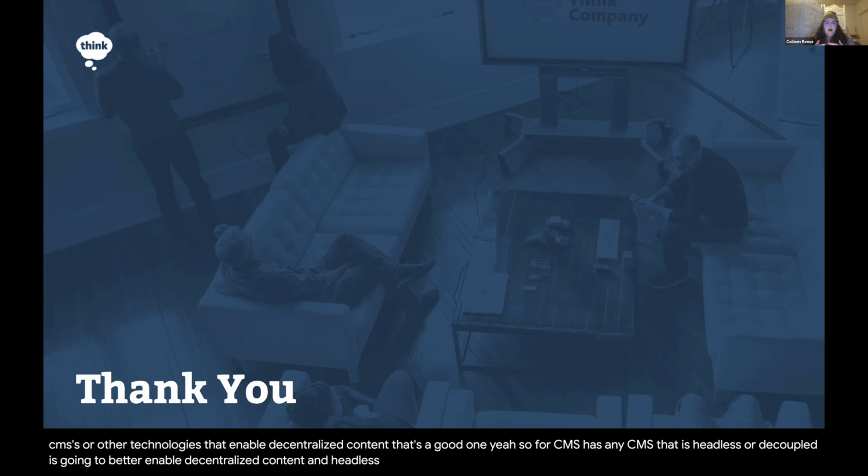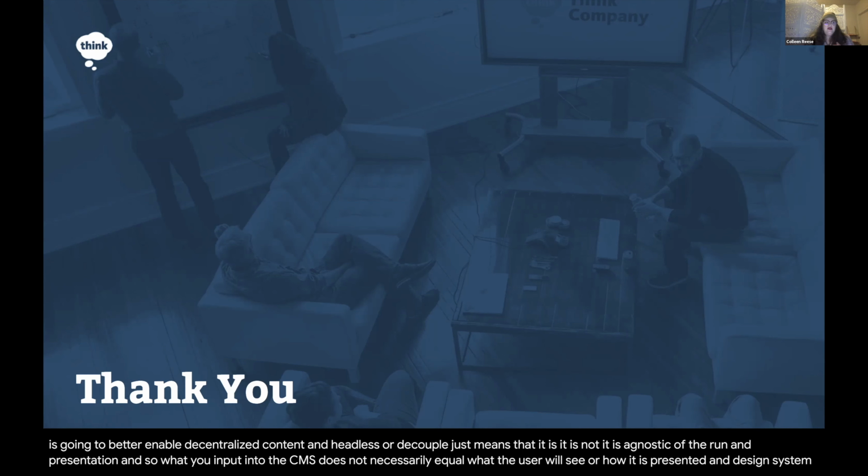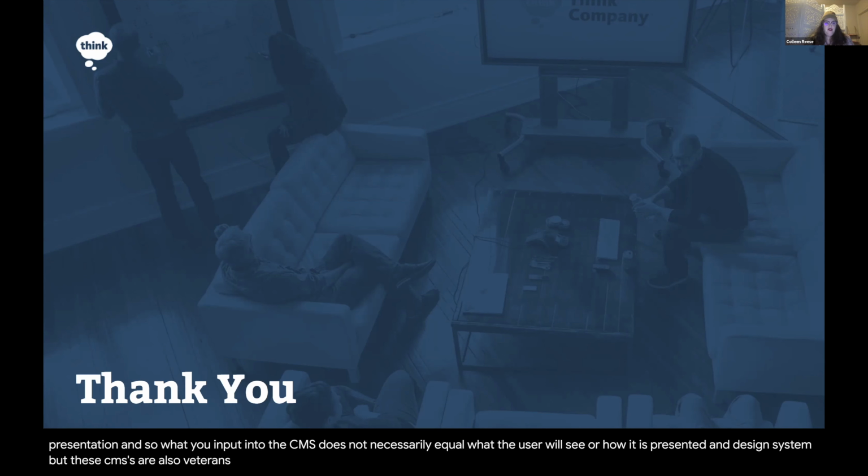And headless or decoupled just means that it is agnostic of the front end presentation. And so what you input into the CMS does not necessarily equal what the user will see or how it is presented in a design system. But these CMSs are also better enabled to share content between different technology systems because they can ingest and distribute content through APIs.